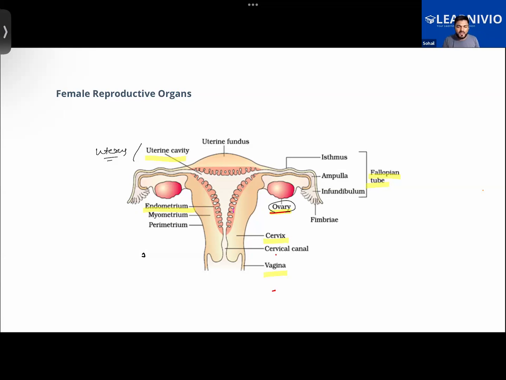Furthermore, after childbirth, it will go back to its normal size. That is all about the cervix.